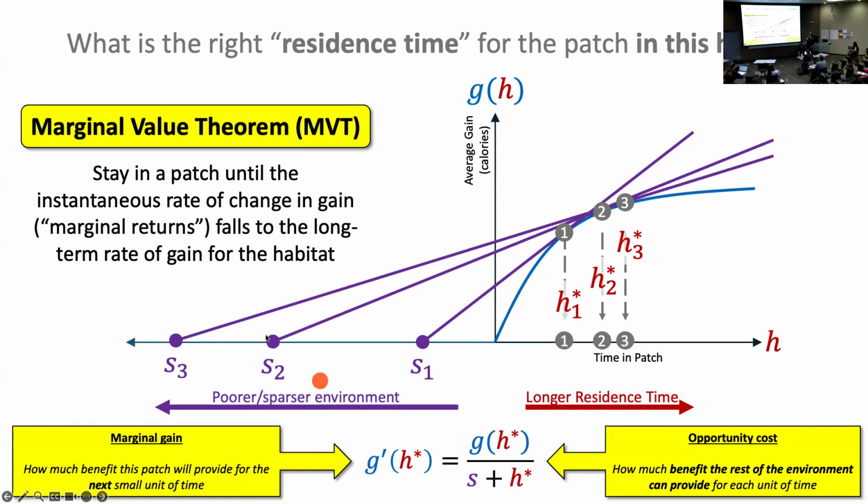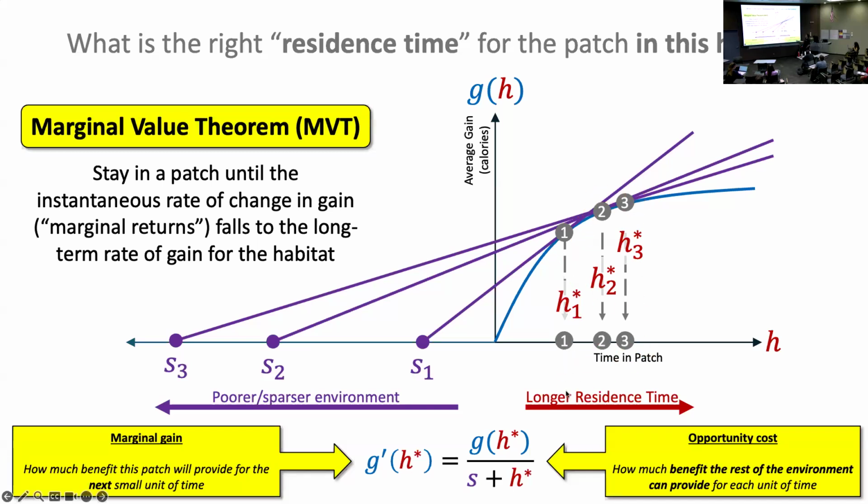Then you'd plot the average search time between patches as a dot on the left side, going in the other direction. Then you anchor a line at that point and let it swing down until it hits a point of tangency on that curve.